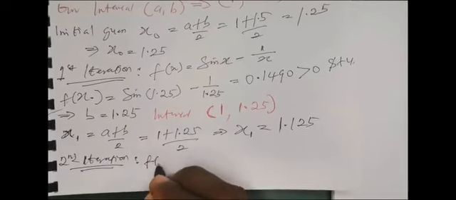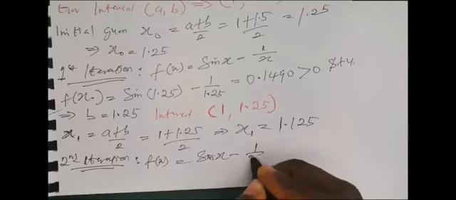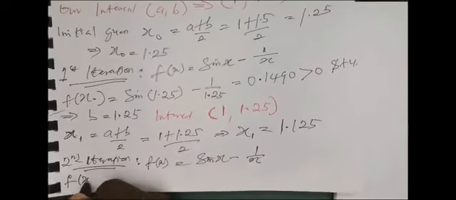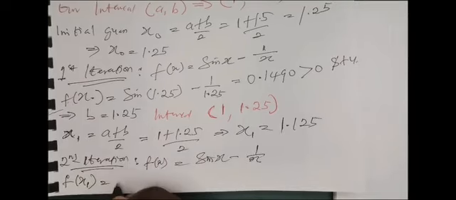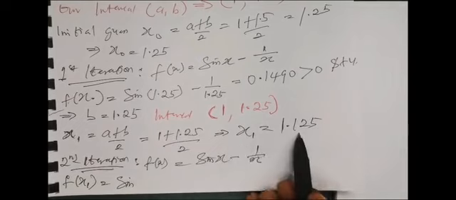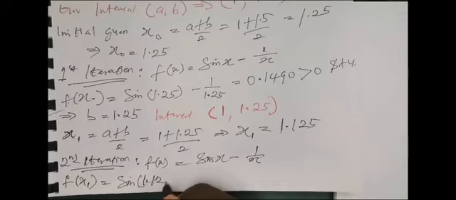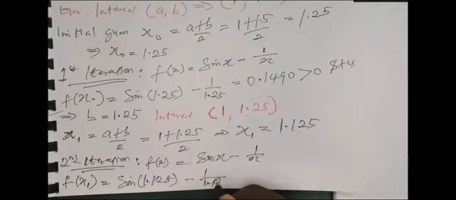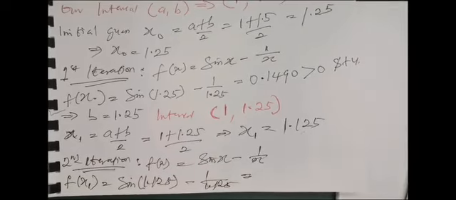Not forgetting the function f(s) = (sin s − 1) / s. For the second iteration, you find f(S1), plugging the value of S1 into the function. It becomes sin 1.125 minus 1 divided by 1.125. I am going to punch everything together.